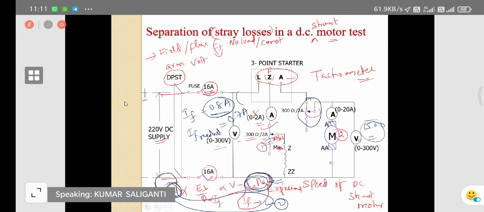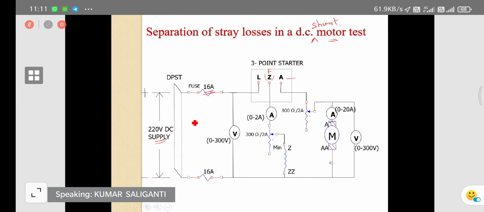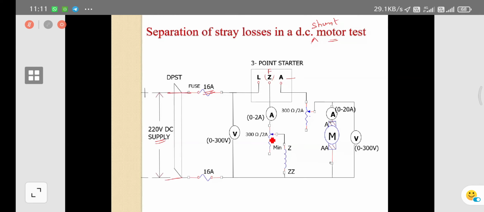Whenever the DC supply is given and the DPST switch is closed, the 3-point starter is connected. Here you have to assume the maximum current as 0 to 1 amp, so we can adjust the rheostat from minimum to maximum.